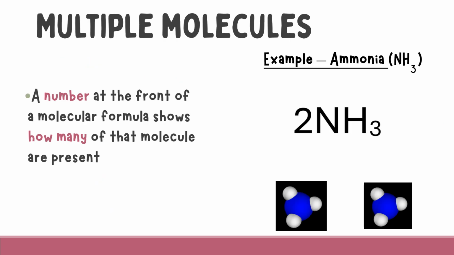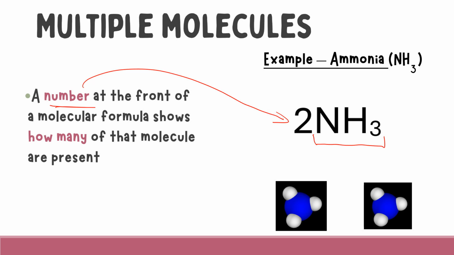We can also use a molecular formula to show how many molecules are involved. And this is really useful when we start to write chemical equations, particularly in senior school. So to do this, we use a number at the front of the molecular formula. You can see in this example, there's a big number 2 at the front of the molecular formula for ammonia. And that number at the front tells us there are that many molecules in this example.